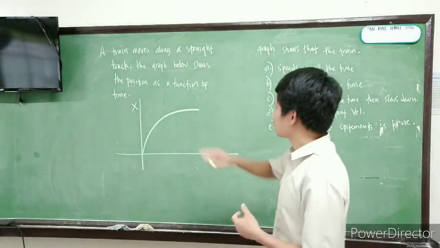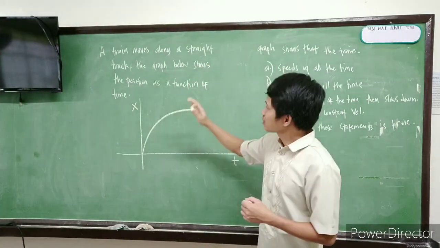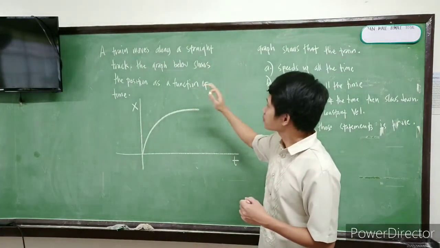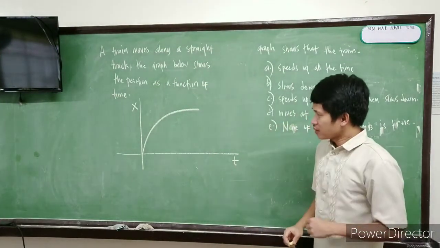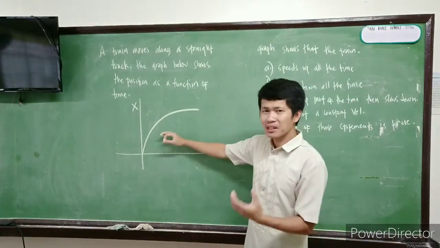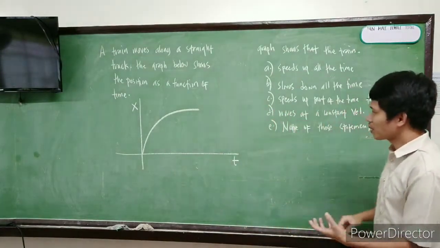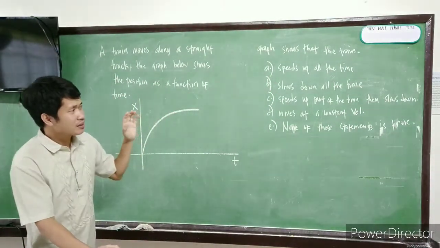Let's have this concept test for that. A train moves along a straight line, along a straight track. The graph below shows the position as a function of time. Okay, so this graph, kapag i-interpret mo, is what? Letter A, speeds up all the time.